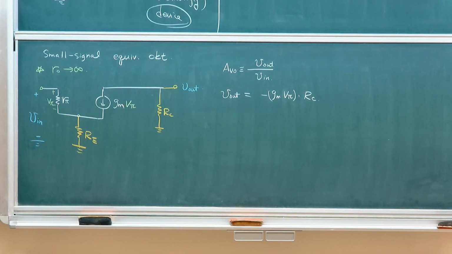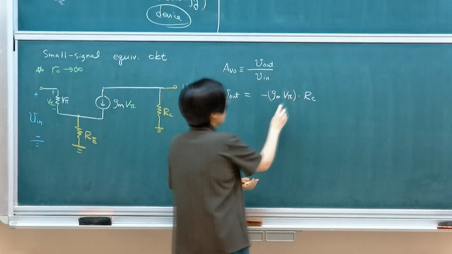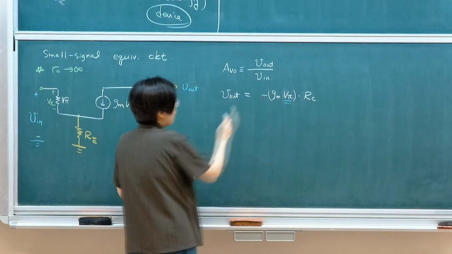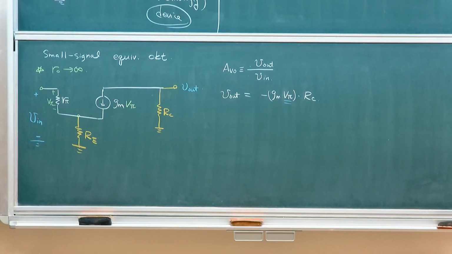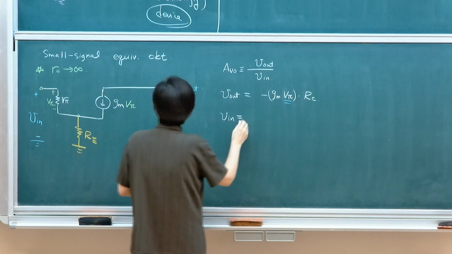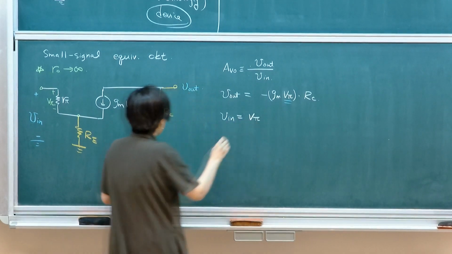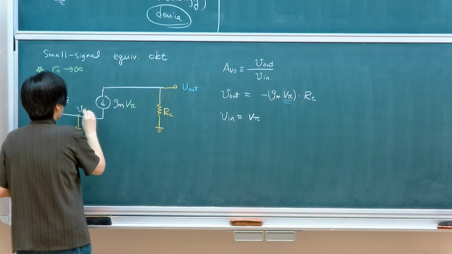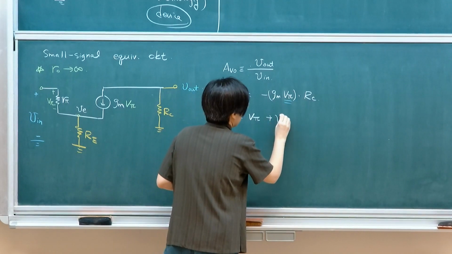And what is the corresponding input? You want to write input as a function of V pi because this is the unknown. We want to establish a relationship between input and output. Therefore, we need to find out the relationship between input and V pi. So V in will then be V pi plus the voltage at this emitter terminal, let's define it as VE.